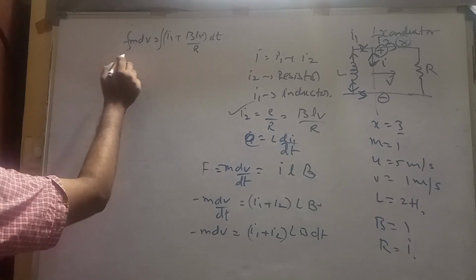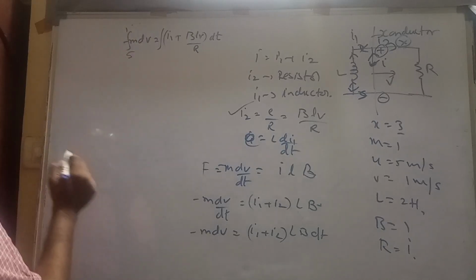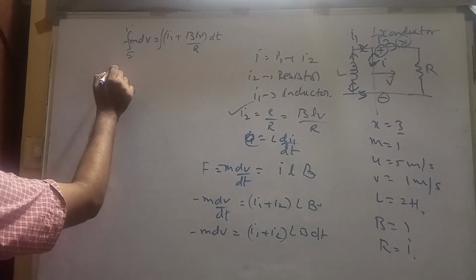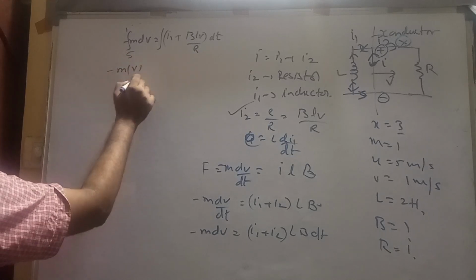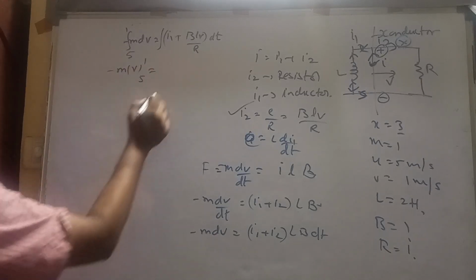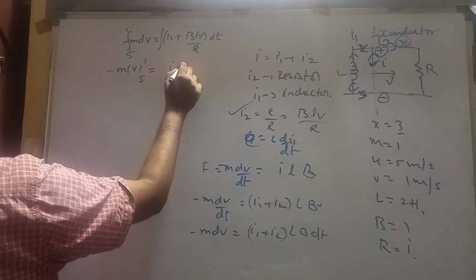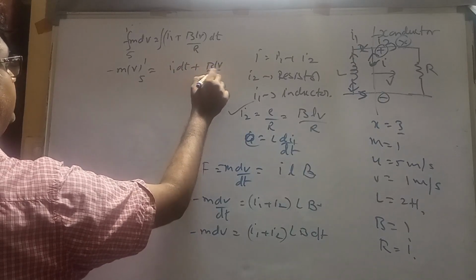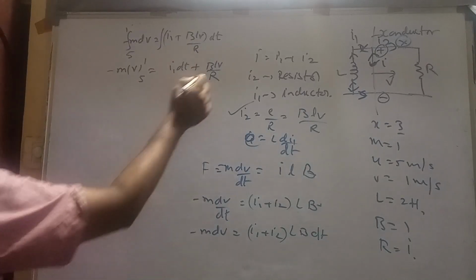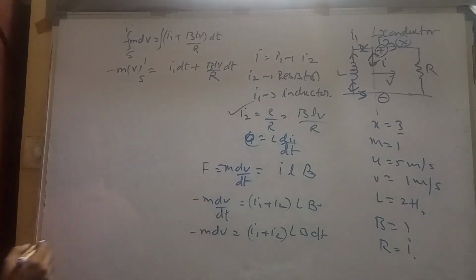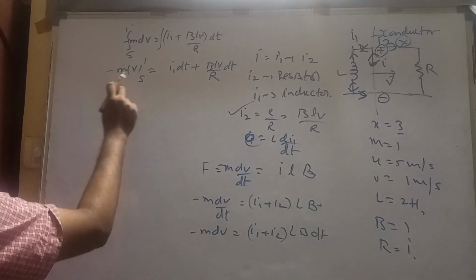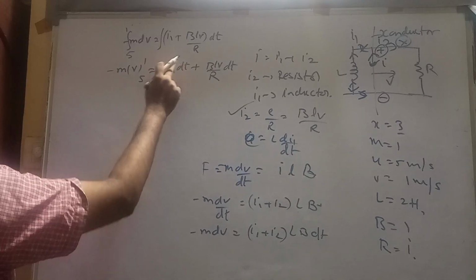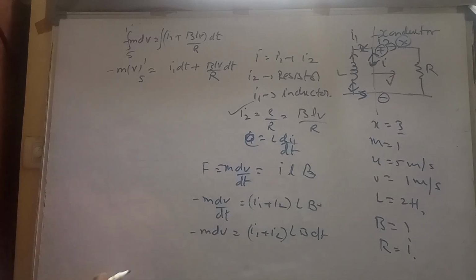So this is from 5 to 1. We will write mv from 5 to 1. This becomes I1 dt plus BLV by R into dt. We can see over here that this term itself is giving us the q value.